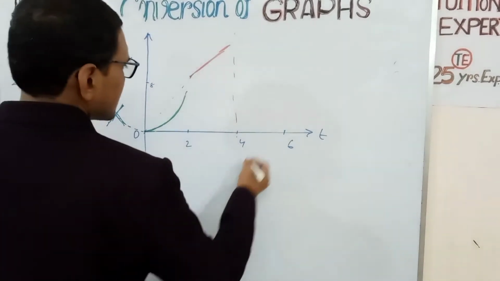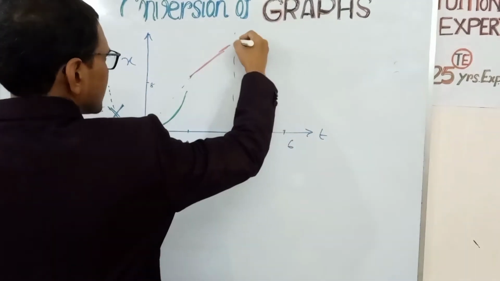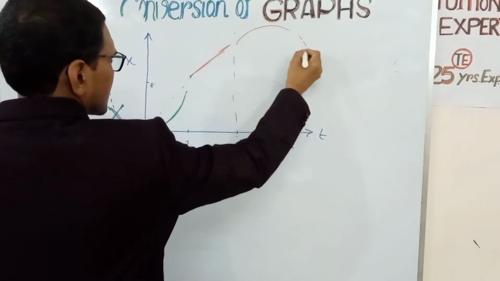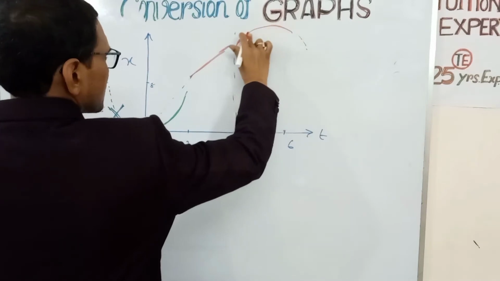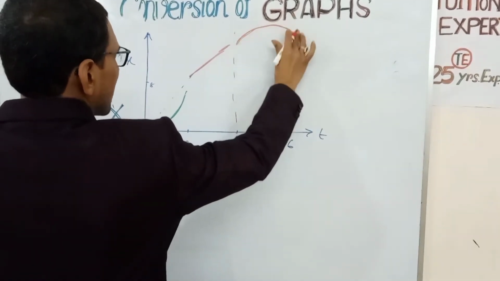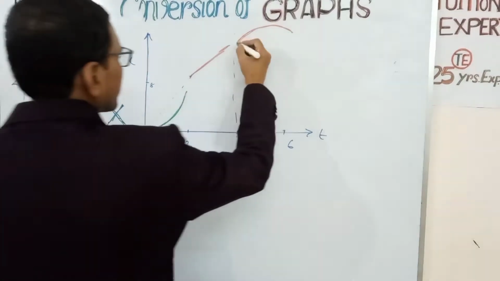So this becomes like this way, 4 to 6. We have to consider just 4 to 6. A part of the parabola is like this, so the graph will be like this.